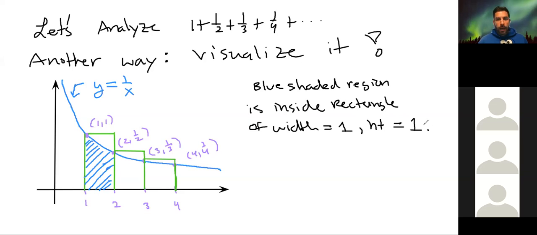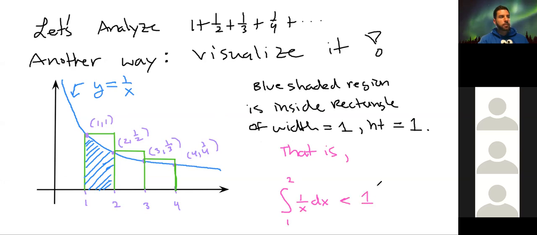Okay, so that's how we would describe it in English, but how could we describe that, not in English, but in math terms? Well, in math terms, we might write that the integral from 1 to 2 of 1 over x dx, because that's the area of the blue region, is less than 1.